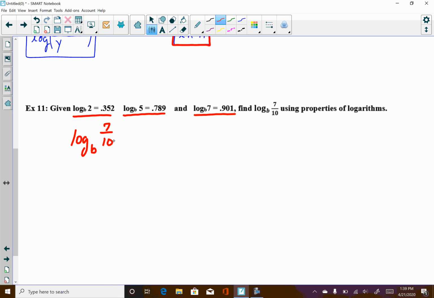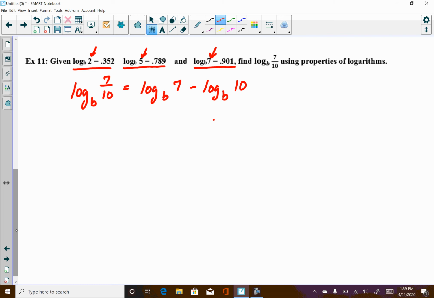Okay, so let's kind of work backwards so that we can get down to arguments of 2, 5, and 7. If we can get it down to those arguments, then we have values to work with. So division here tells us that we can expand that into subtraction. So log base b of 7 minus log base b of 10.